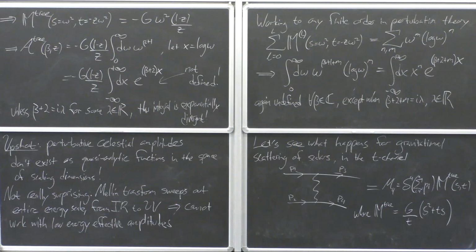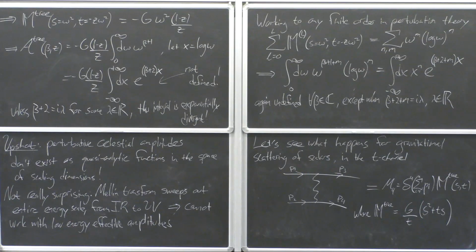So the analytic part of the amplitude isn't going to tell you anything about interesting stuff that happens in the complex beta plane. Instead, you just have zeros. So it is better, but I claim it's not better in the way you might have hoped.